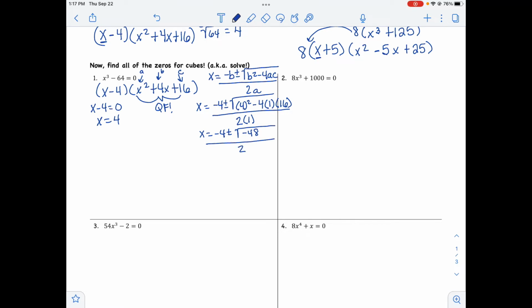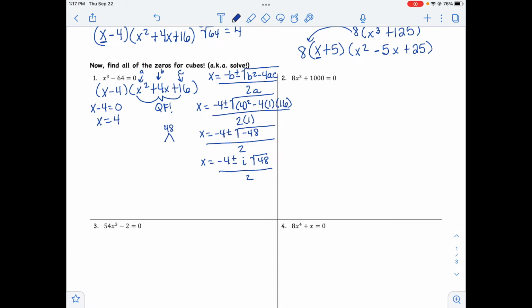Now for here, I need to simplify what's in my radical. I can't leave a negative there, so I'm going to go ahead and see what that would be. Well, I know that a negative inside a square root is going to come out as an i, so you could do the next step of just pulling out the i. I usually do it in one fell swoop, but it's fine either way. And now I'm going to look at just 48. So think about what factors will work, and I'm looking for perfect squares.